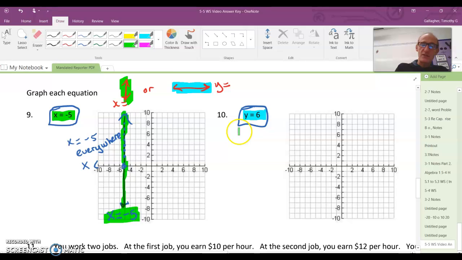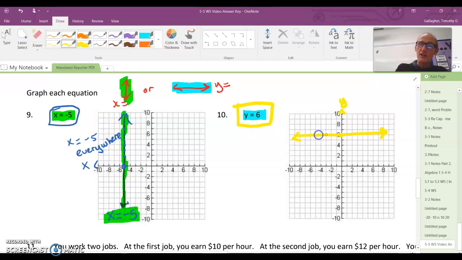Now, I'm going to erase this and put it in a different color. So let's use red, or let's use, I don't know, orange, yellow. All right? Y equals 6. Now that is a horizontal line, and that's y equals 6 is right here. So that is a horizontal line through y equals 6.